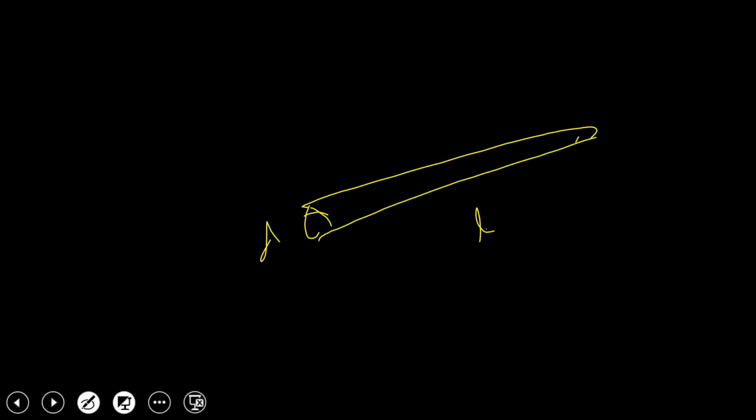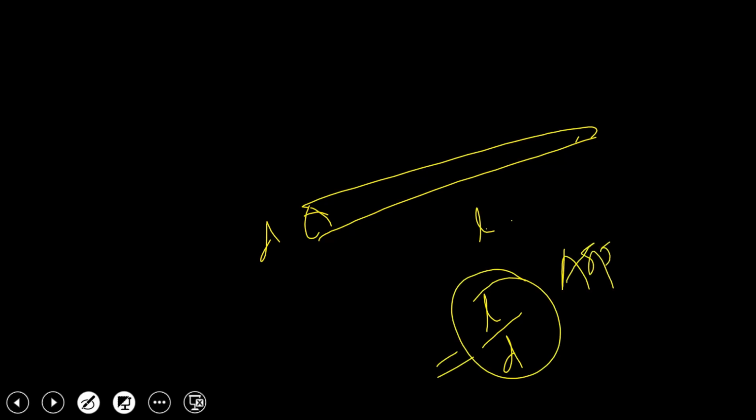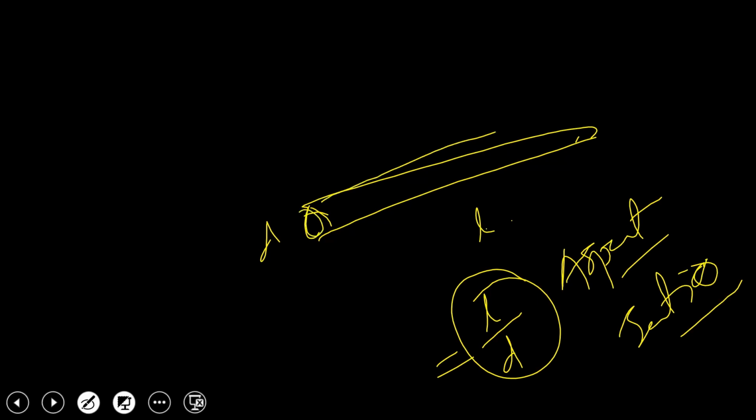So for this rod, with D and L, that has to be L by D, and this ratio is nothing but the aspect ratio. This is a commonly used term, and it is going to be useful in multiple subjects, so it might be known to you already. If not, then remember this one. Aspect ratio is nothing but the ratio of the largest dimension to the smallest dimension. And if I consider this rod, that ratio will be L by D.